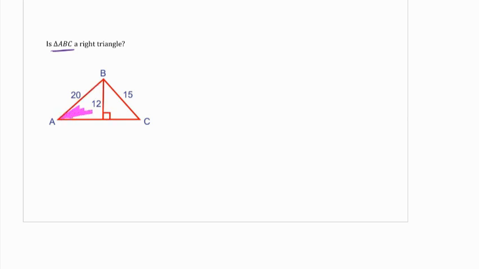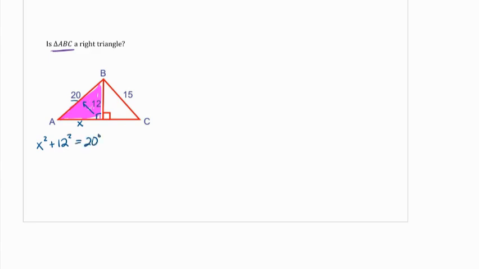So if I look at this triangle here, I know the 20 and the 12, and that's a right triangle as well. So we can look at that triangle and say, if I make this my x, the 20 would have to be my hypotenuse because it's across from my right angle. So I know my x squared plus 12 squared would have to equal 20 squared.